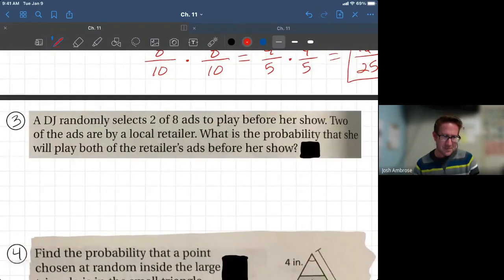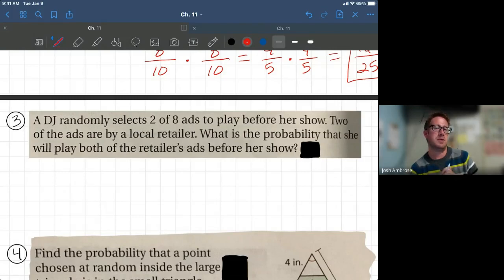Okay, we have a DJ. Some guy working at a radio station maybe randomly selects 2 of 8 ads. So there's 8 possible ads. He randomly selects 2 from that group of 8 to play before the show starts. 2 of the ads are by a local retailer. Think of a store that you know that's just right down the street, a local retailer.